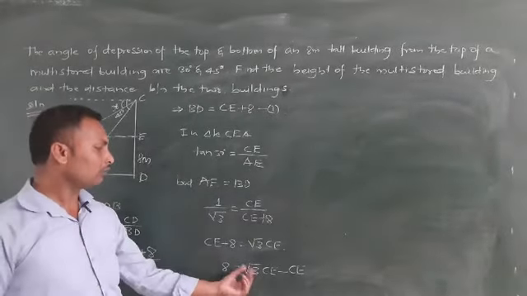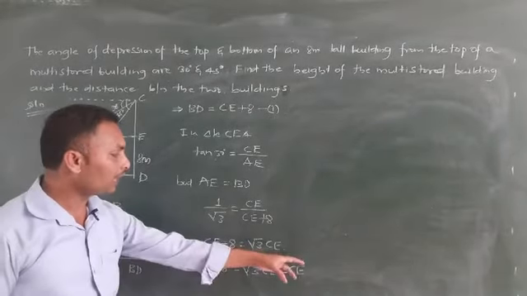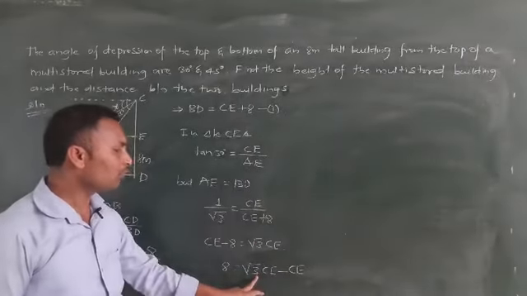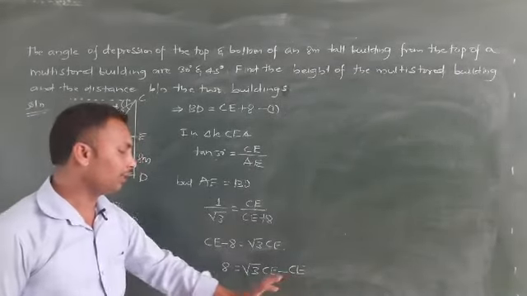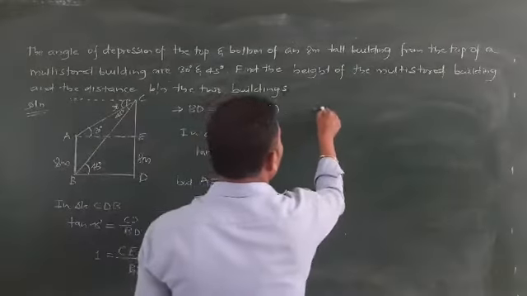Now 8 is equal to square root of 3 into CE minus CE. Now let me take one more step here.